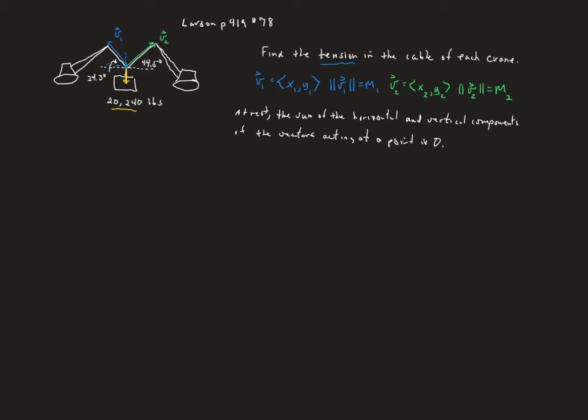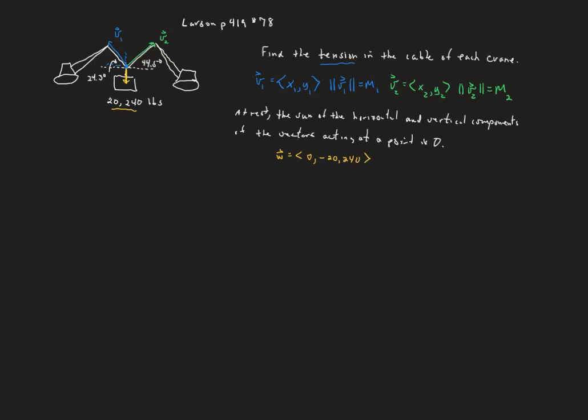And likewise, with the V2 vector, there's a horizontal and a vertical part. For the weight, there is no horizontal part, it's all going down. So that weight vector, we actually know its components. It's 0 in the horizontal, and because it's going down, it's a negative 20,240 pounds in the vertical direction.